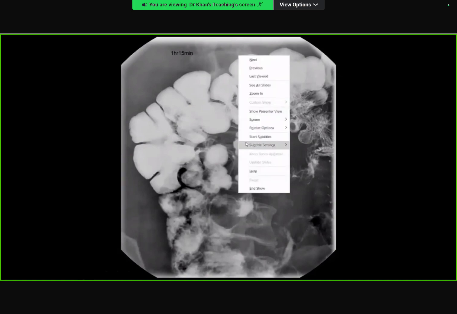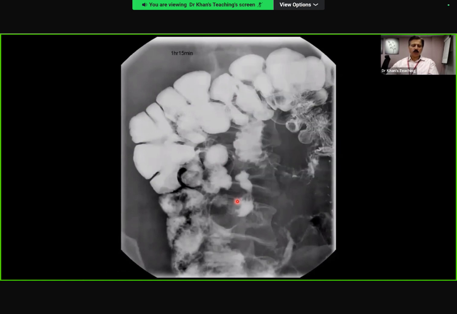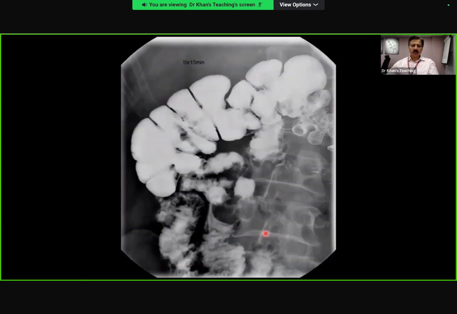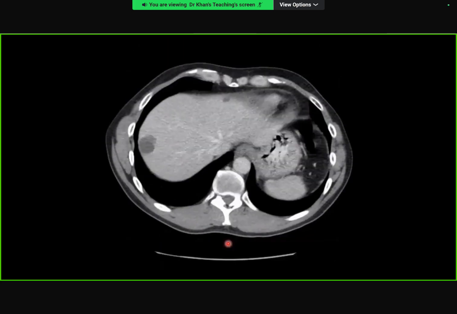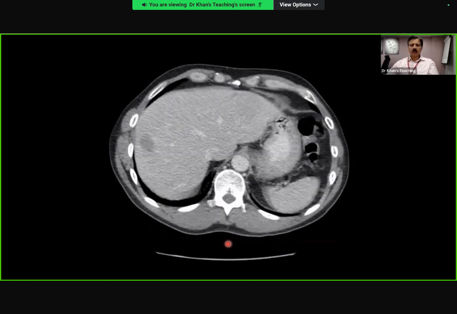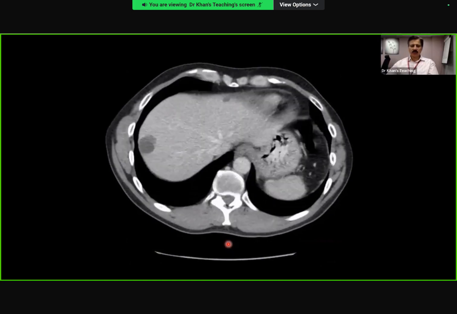Okay, all of you, if you can concentrate on this classical exam film, for a long case, on a barium examination, you can see this filling defect. Subtle but definite because it is persistent and you can see loops here. And then on a CT scan, one thing is that there was a metastasis in the liver. And on these films, it was missed.